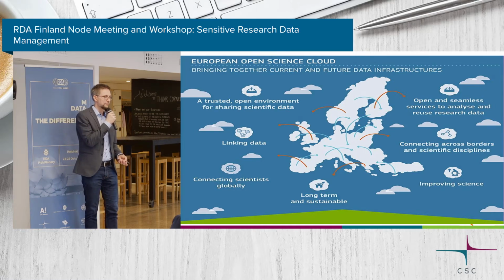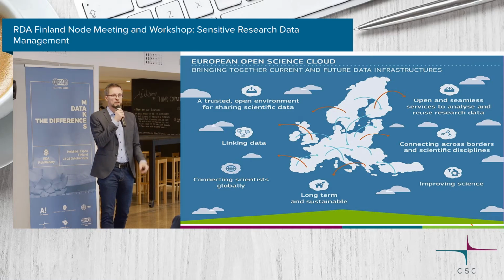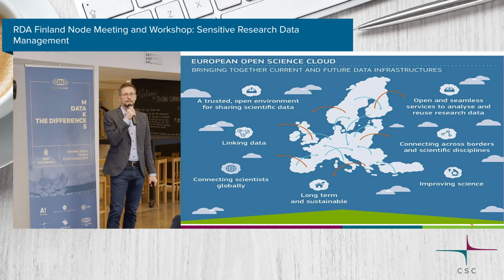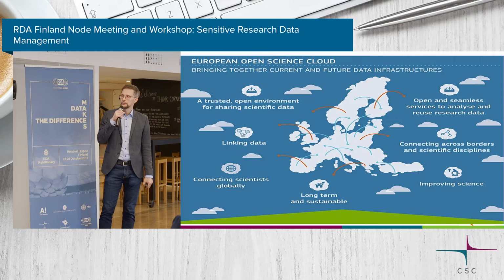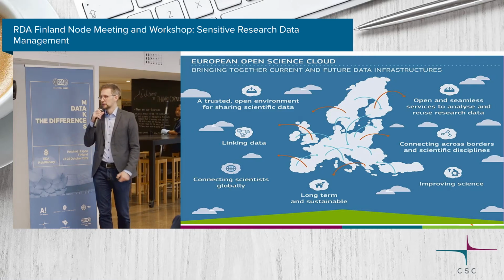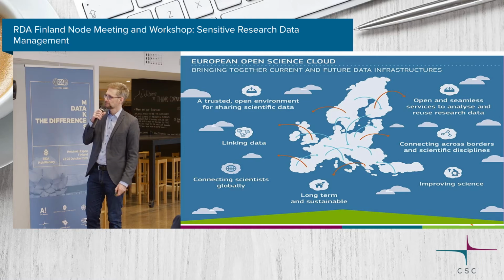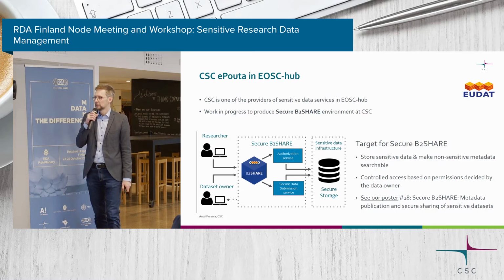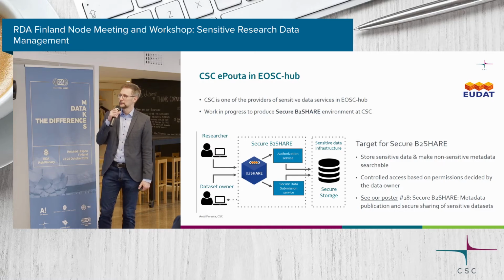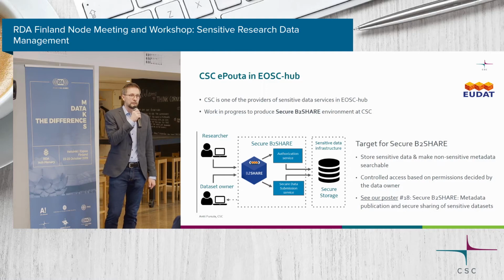Currently in Europe there are several of those so-called e-infrastructures, larger and bigger ones, and now EOSC, as it's often called, is trying to make a common view and common access point for end users to reach those services. Anyway, there are several projects going on under this EOSC umbrella. One of them is EOSC Hub, a big project, and from CSC we are partners in many aspects, but there is also a task for sensitive data.